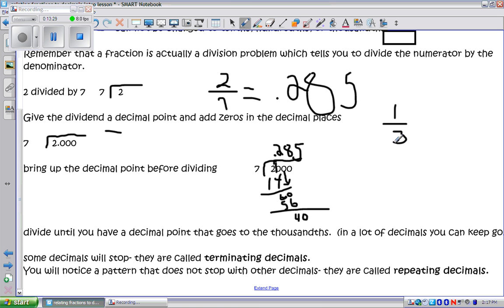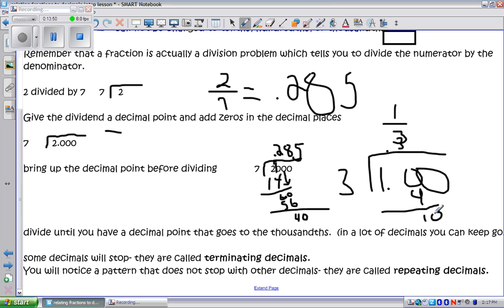1/3. If I take 1 and I divide it by 3, I can add my decimal in, add some zeros, bring my decimal up here. I said 3 goes into 10 how many times? Well, 3 goes into 10 3 times. 3 times 3 is 9. Subtract, I get 1. Bring down my 0. 3 goes into 10 3 times.